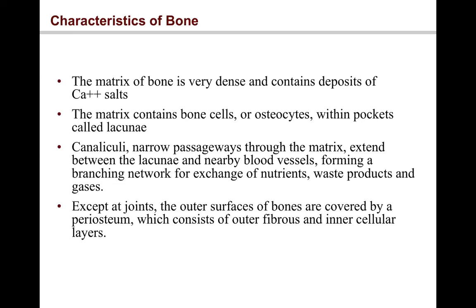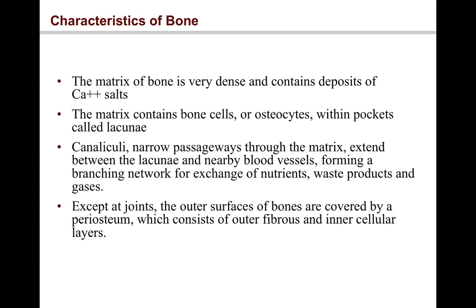Here in this slide, you can see it's just a composite of everything, so you can understand the characteristics of the bone. It is made up of the matrix part, which is a non-living unit, which is nothing but deposits of salt. Okay, in the matrix are the bone cells.